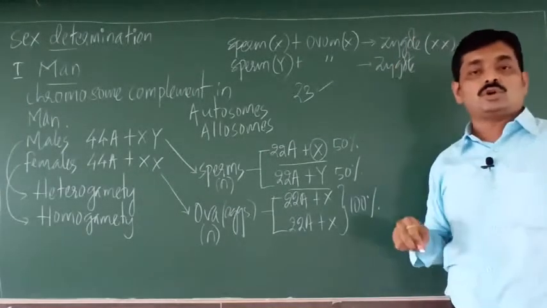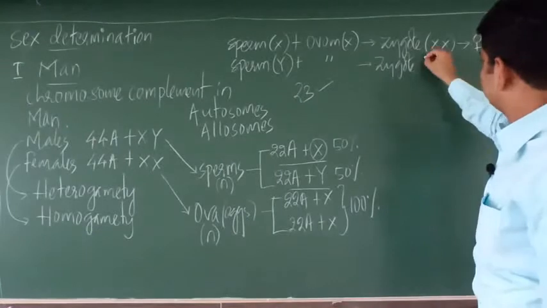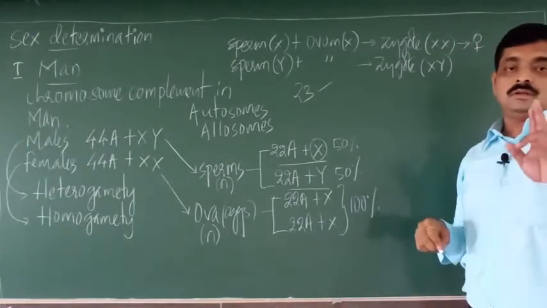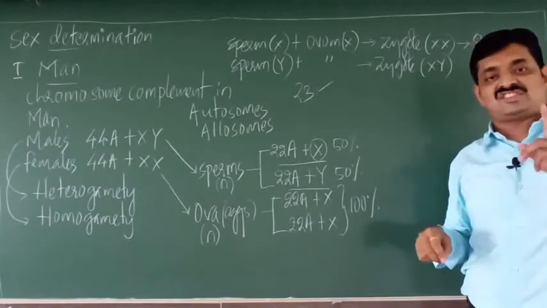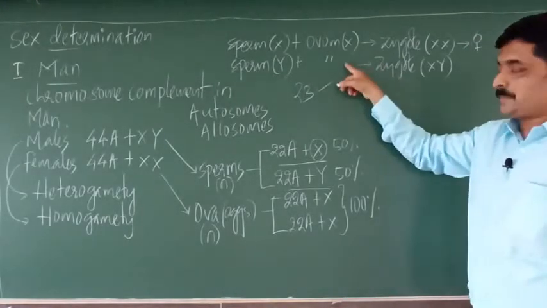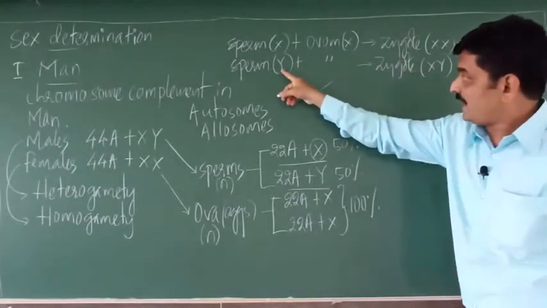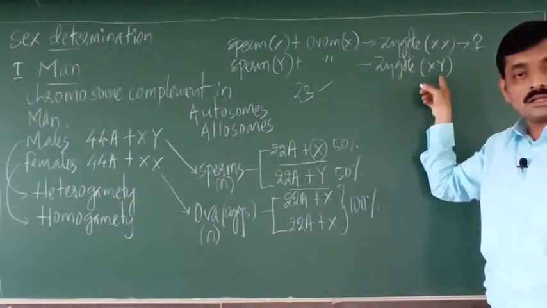This zygote will have two sex chromosomes which are dissimilar. One X comes from the ovum and the Y comes from the sperm.